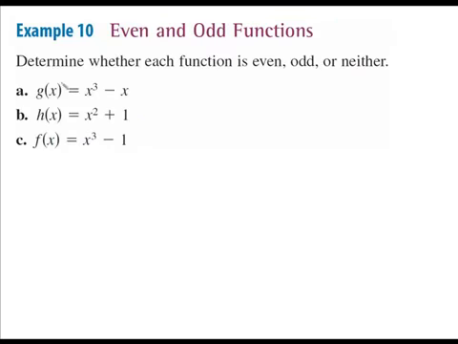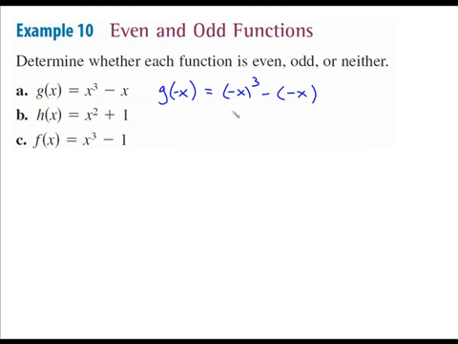All right, so example A here. We want to know, is this even, odd, or maybe neither? So if you take negative x, you plug it into the g function. So we have negative x to the third minus negative x. And then you work it out to see what you get.